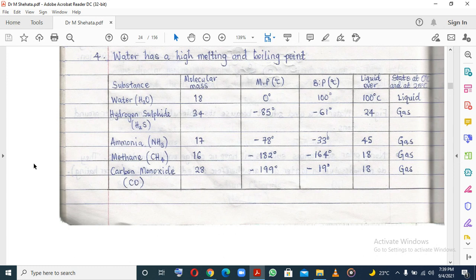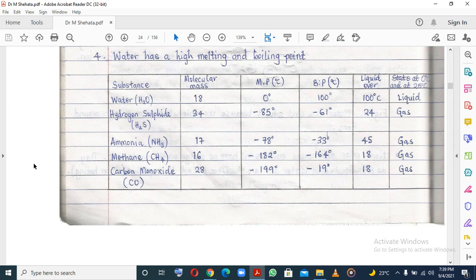This point really marries with the point that we'll now talk about. The next point is the fact that water has a high melting and boiling point. To give you an idea of why this is important, just look at the substances on that table.